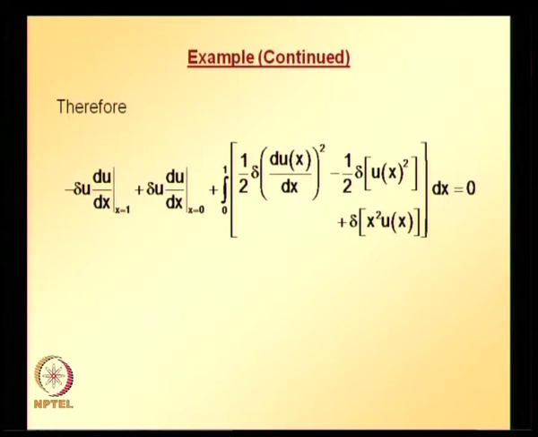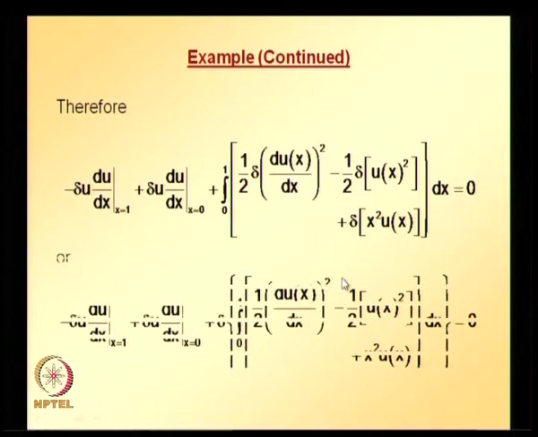If you see this equation, we somehow need to eliminate the first two terms so that we can bring it into the form of variation of some quantity inside brackets equal to 0. This can be further simplified. Inside the integral you have variation of the second derivative of u square, variation of u square and variation of x square u, and the half is like a constant.